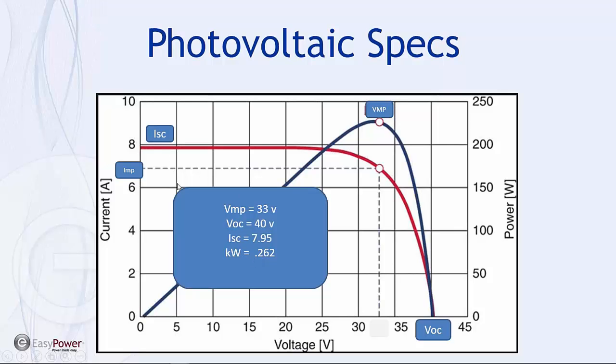In this particular case, we've identified the voltage of maximum power as 33 volts, the open circuit voltage as 40 volts, the short circuit current as just under 8 amps, and then the maximum power output is a product of the voltage and the current at maximum power. So that's what we're going to see when we get into the EasyPower tools.